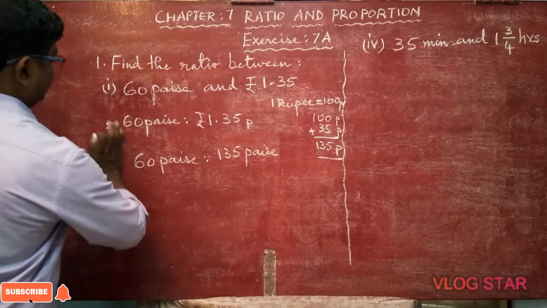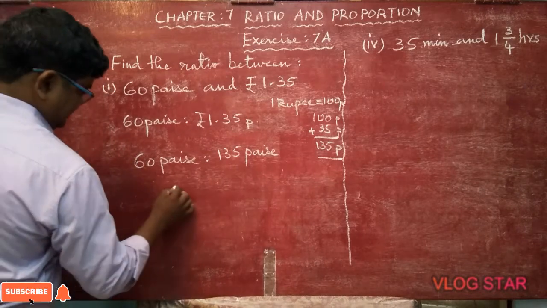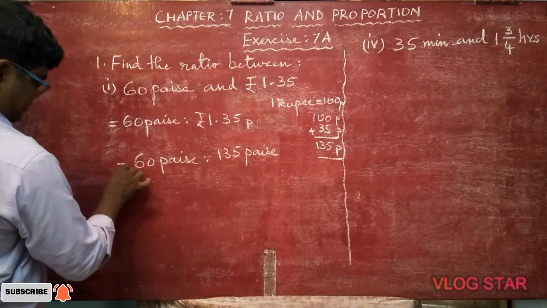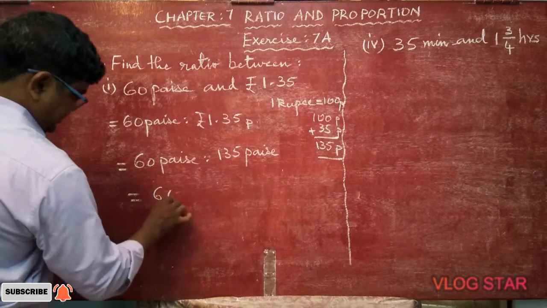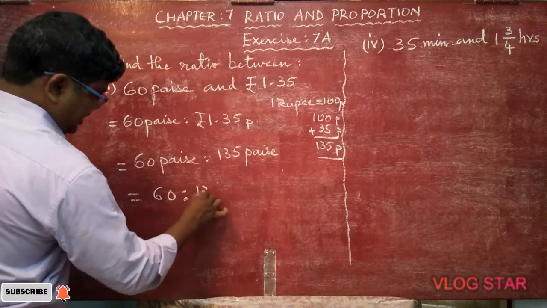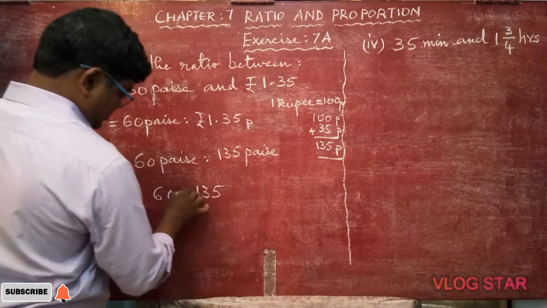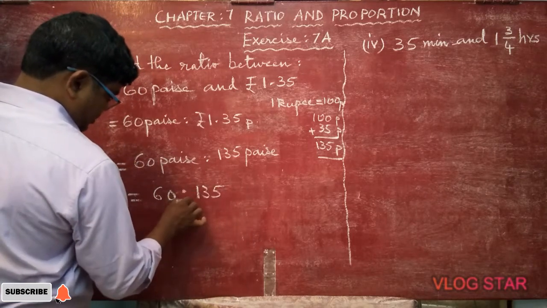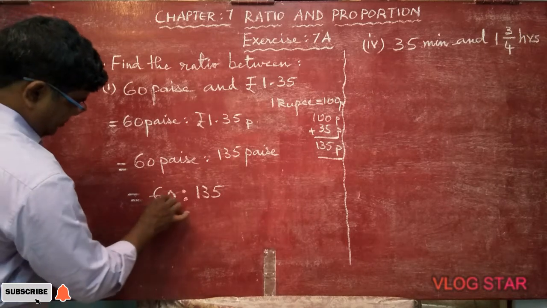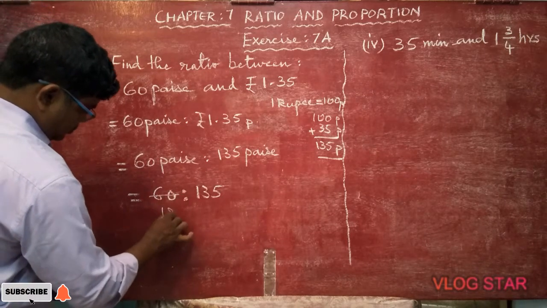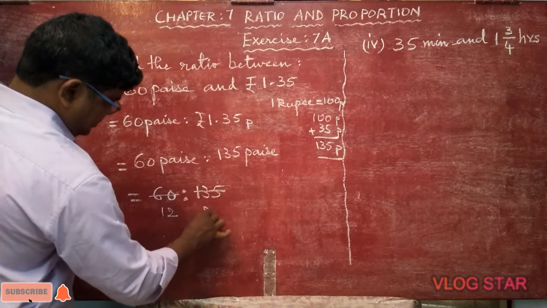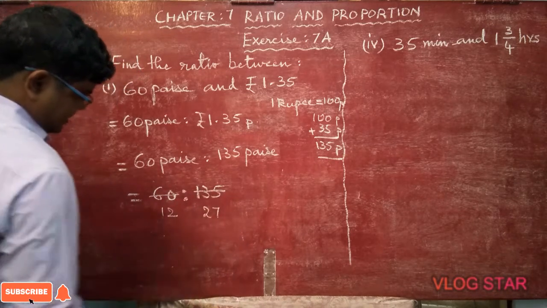So here it is equal to, if you want to write, no problem, 30 is to 135. Ratio means simplify with the 5 table. 5 goes 6 times, 5 goes 27 times.